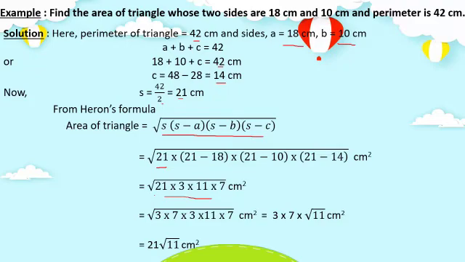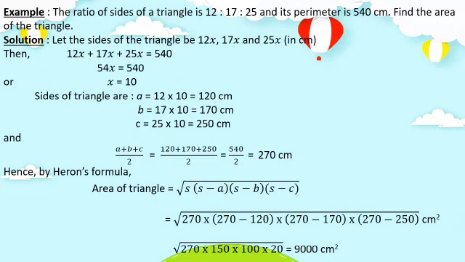By the prime factorization method, we can find out the area of this triangle. That is square root of 3 into 7 into 3 into 11 into 7 centimeter square. That is equal to 3 into 7 into square root of 11, which is 21 root 11 centimeter square.